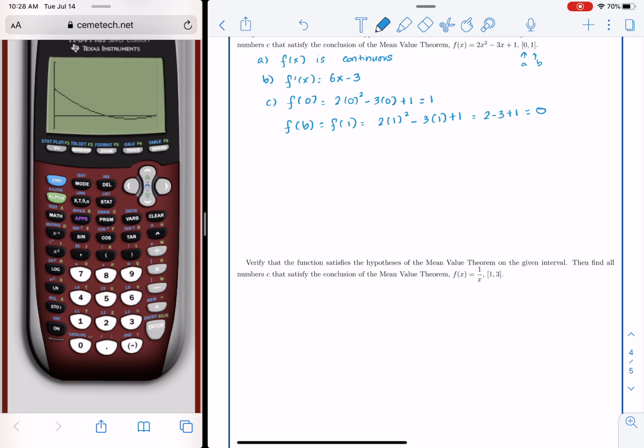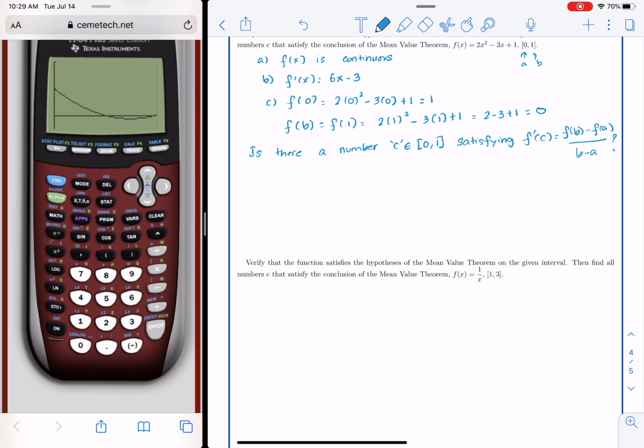So let's see if we have a number. So the question is, is there a number c that is in 0, 1 satisfying f prime of c equals f of b minus f of a divided by b minus a. So the mean value theorem states that there is a c.